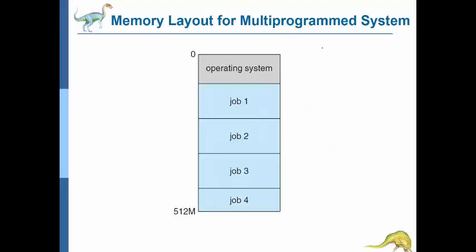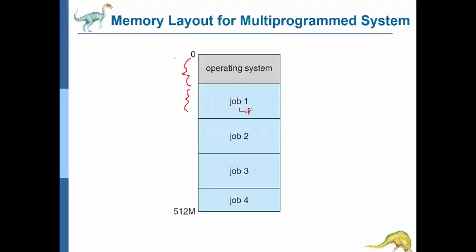So memory has addresses. For simplicity, let's say from 0 to 512 meg memory. It's a very short, small memory. Right? Logically, the operating system stores here, and the rest you have programs. Job means program.